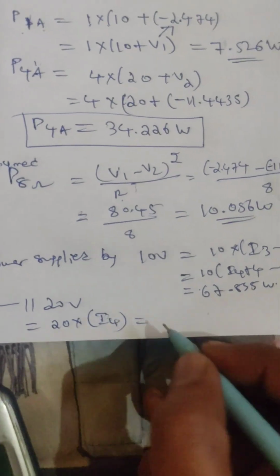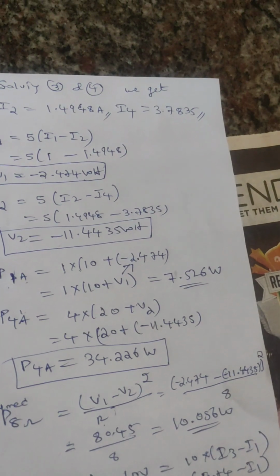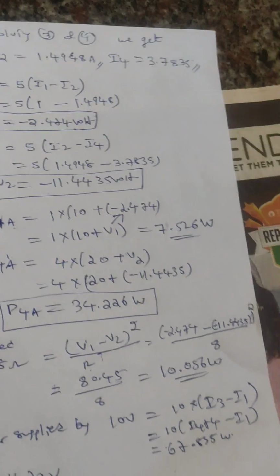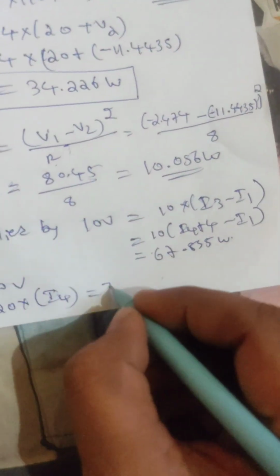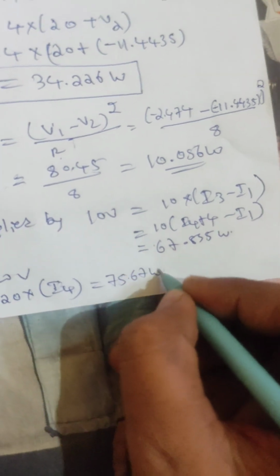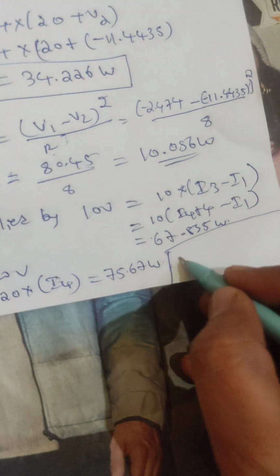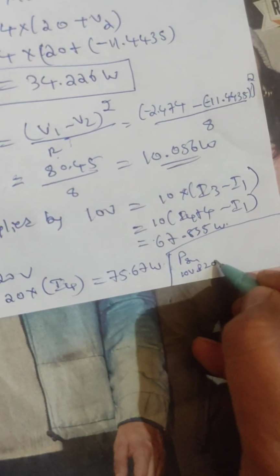So 20 into, what is the value of I4? See here, 3.7835. By that we are getting 75.67 watt.